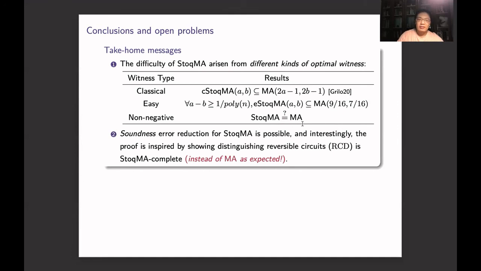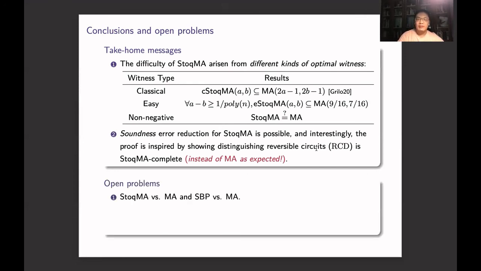Second, soundness error reduction for StoqMA is possible. Namely, when the completeness is almost 1, then we can do error reduction for soundness. And interestingly, the proof is inspired by showing that distinguishing reversible circuits is StoqMA complete. This problem seems to be MA complete, but in fact it is StoqMA complete.